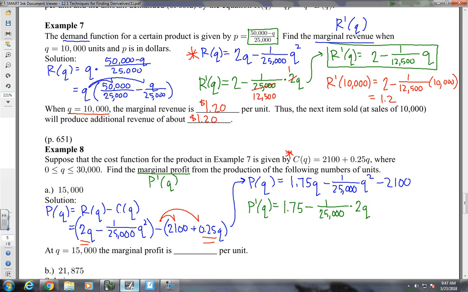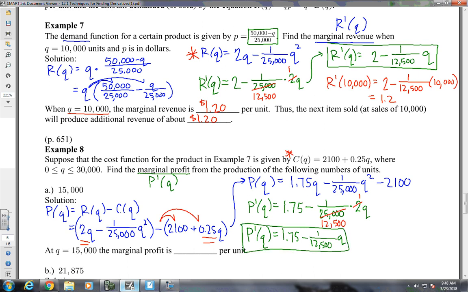If, again, we want to simplify like we did on the previous problem, 2 goes into itself once, 2 goes into 25,000, 12,500 times. So our simplified marginal profit function is 1.75 minus 1 over 12,500 times Q. So there's our marginal profit function.